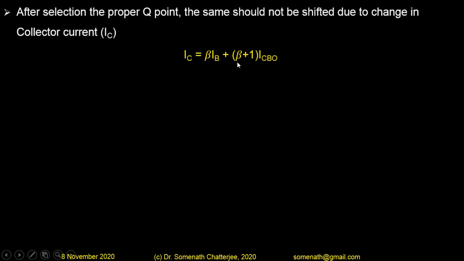You know this formula from before. What is beta? Beta is the current gain for the common emitter configuration. And you are familiar with IC equal to beta IB. We are not concerned with ICBO because it is insignificant.